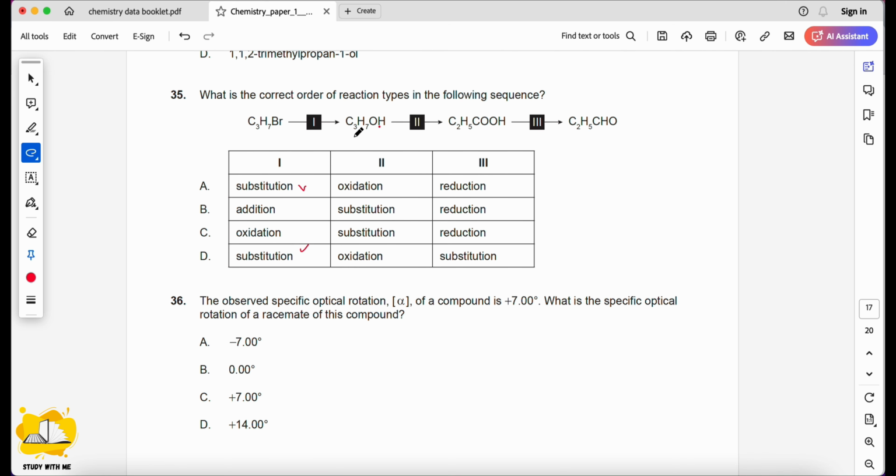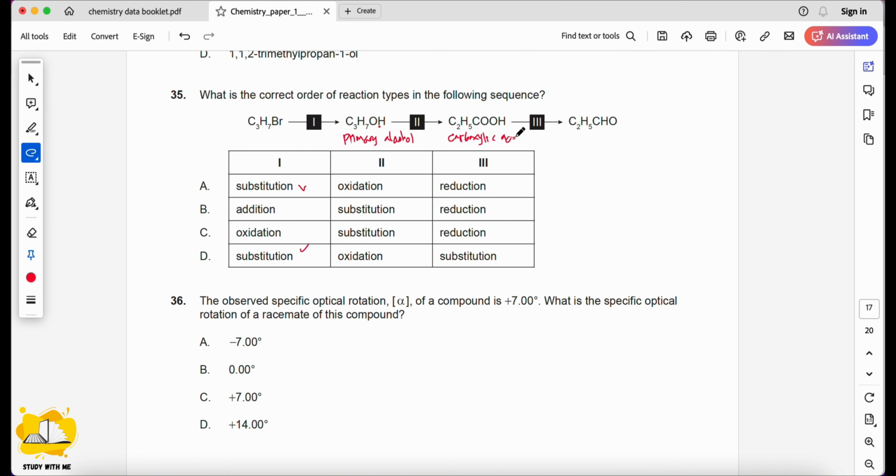So now from C3H7OH, this is a primary alcohol. You know, when you oxidize a primary alcohol, it will produce an aldehyde first, and then if you oxidize once more, it will produce a carboxylic acid.